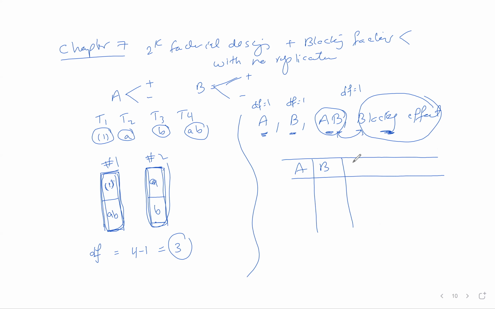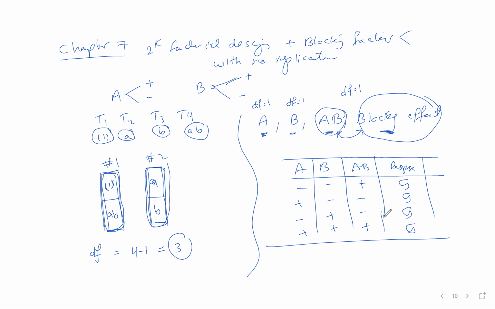This is A, this is B, this is AB: minus, minus, plus; minus, plus, minus; plus, plus, plus. And this one will be plus, this one minus, this one minus, this one plus. And we measure the response only 1 time, so we have 1 value, 2 values, 3 values, 4 values.